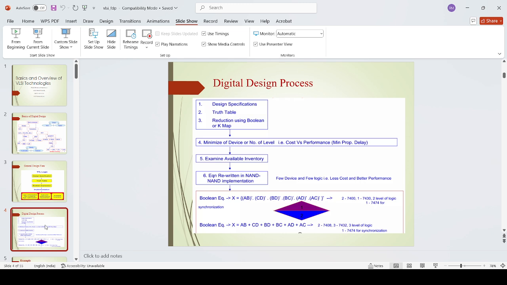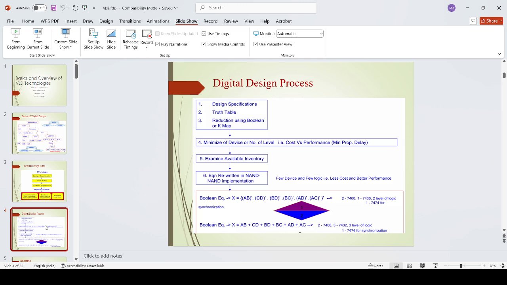Coming to that, when we are going to implement a combinational logic function with the help of these design flow steps, how are we going to implement it? If we see first, initially, we all know the design specifications: we need to specify which inputs and outputs have to be taken, how many inputs and how many outputs have to be considered for the design, and the truth table for the input and for the output.